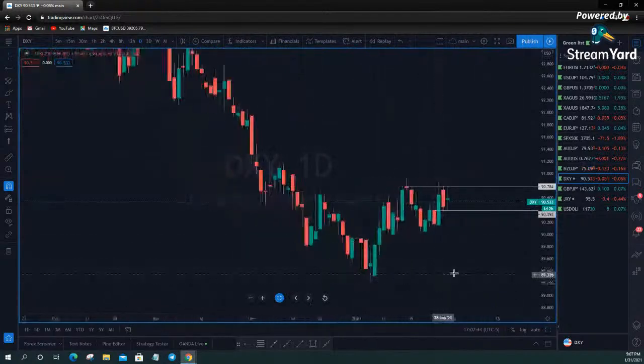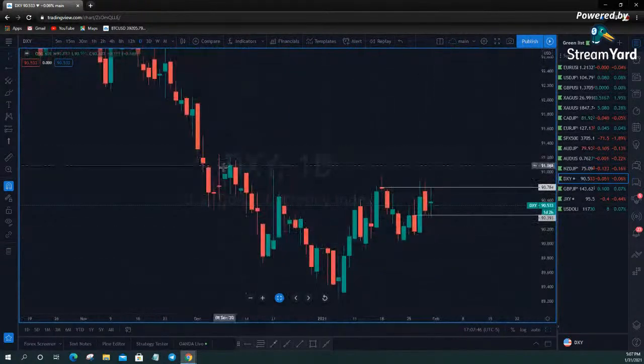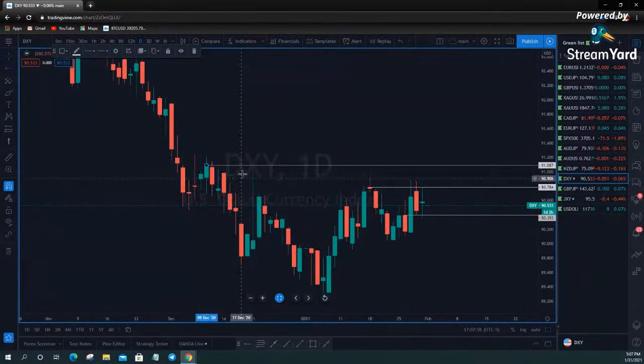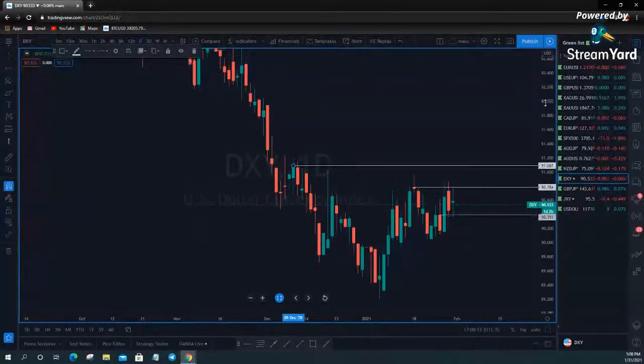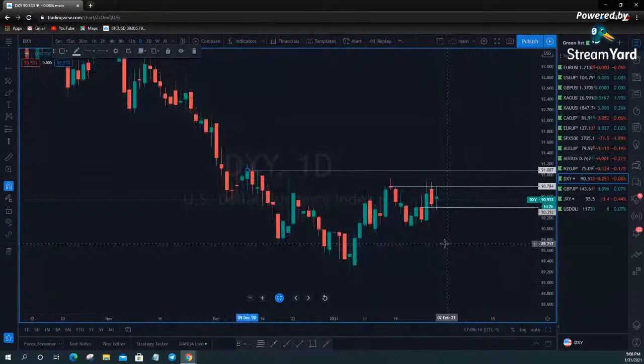So basically, the level that I'm watching is 91. Let me put a line on it so I can get the exact line. This is the last market structure swing high. We haven't closed anything up beyond this last shooting star candle or this range up here. So that top end of that range is 91.087. We start getting daily closures above that, then there is a possible short squeeze imminent or incoming.